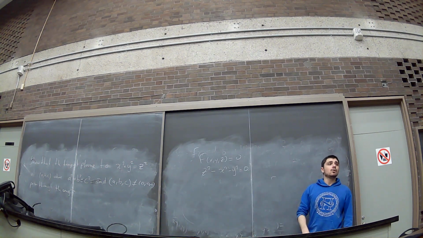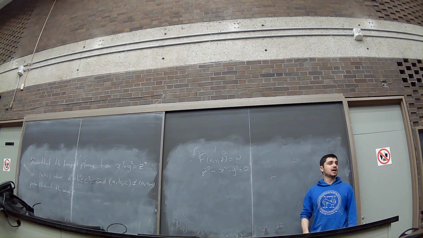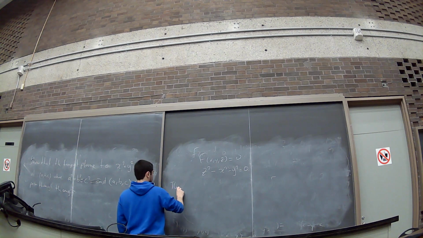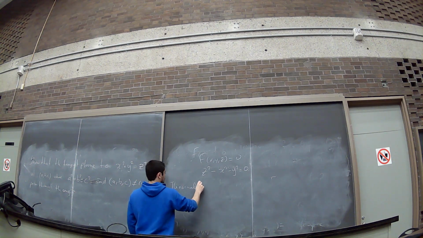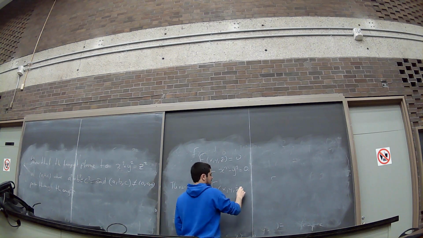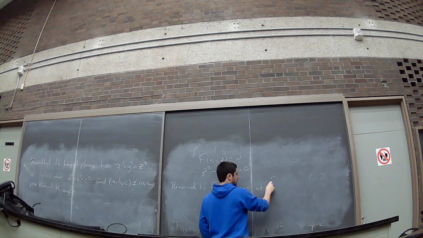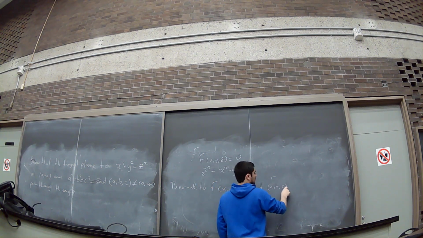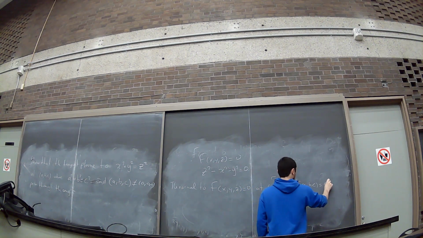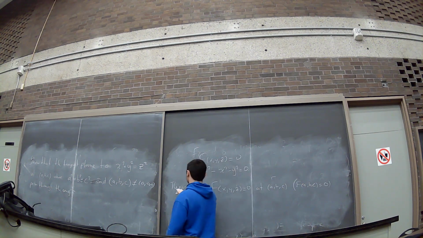Okay? What's the normal vector to my surface at a point (a, b, c)? The normal to f(x, y, z) equal to 0 at (a, b, c), where f(a, b, c) is 0. A normal vector, sorry.